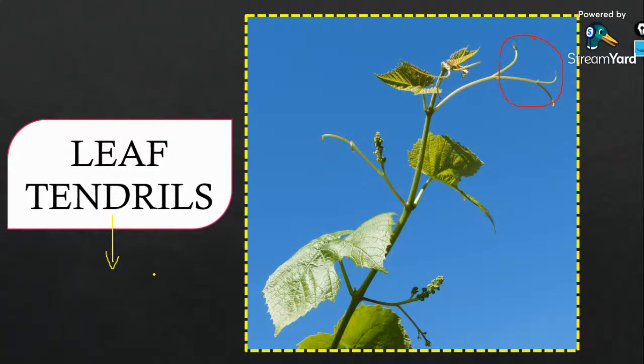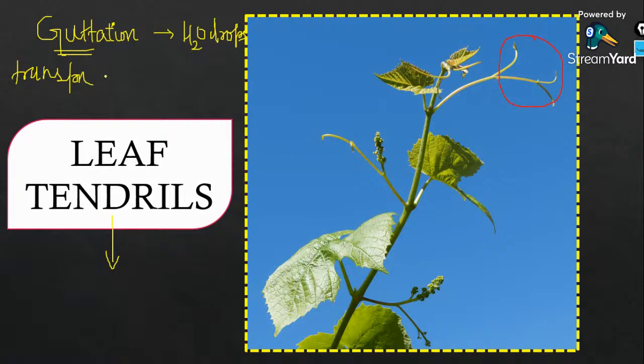Those small water droplets are actually a result of a phenomenon known as guttation. If water from the plant is released as water droplets, you will call them guttation, and if it is released as water vapor, you will call the process transpiration.